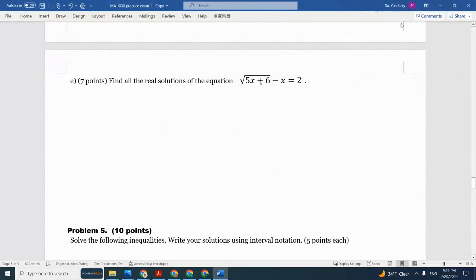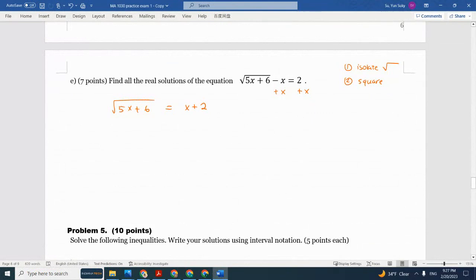Yeah. Okay, so radical. Isolate the radical. And then square both sides. So to isolate it, we add x on both sides. Okay, then square it.